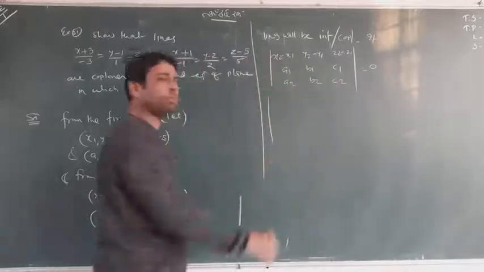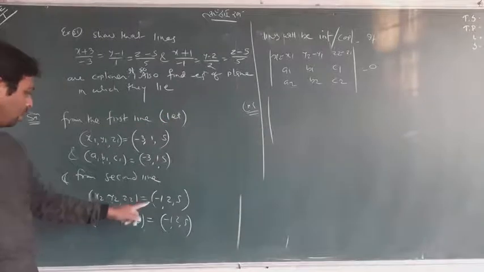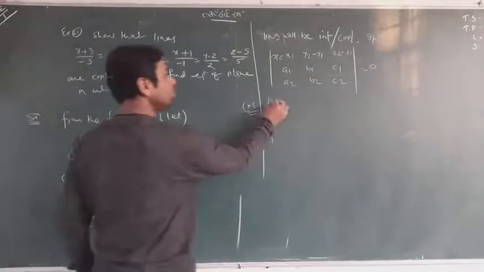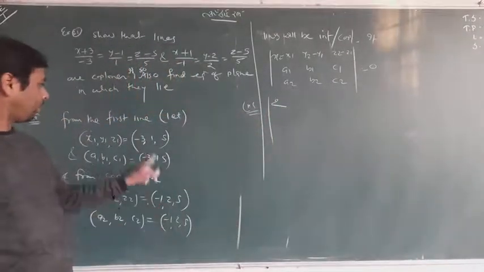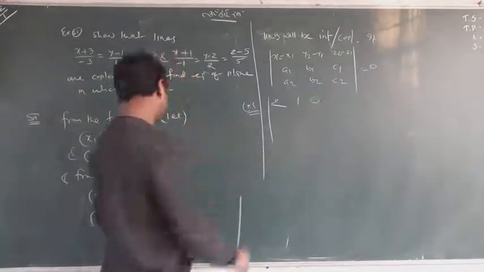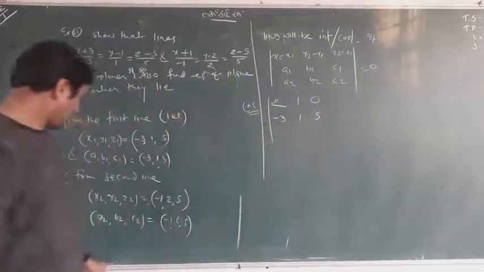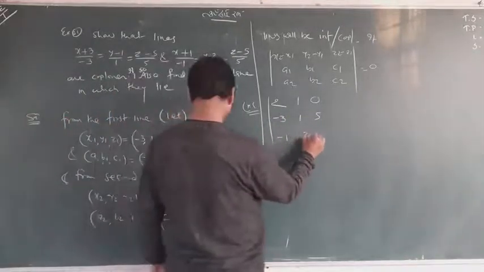Now put in the values. On the left hand side: x2 minus x1, 2, y2 minus y1, 1, z2 minus z1, 0, a1 b1 c1 is minus 3, 1, 5, and a2 b2 c2 is minus 1, 2, 5.